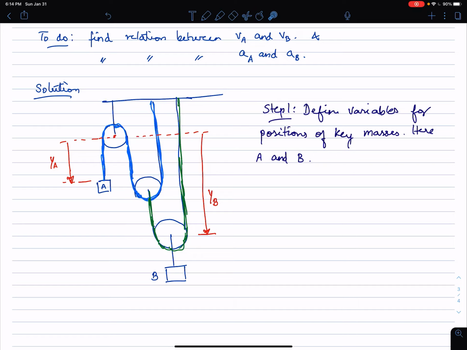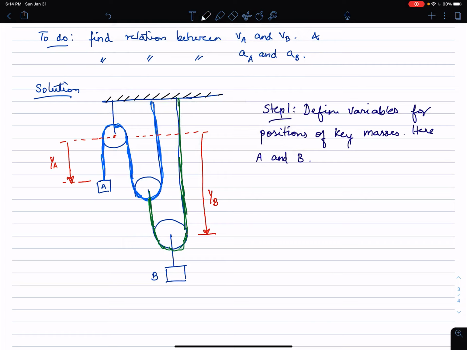So when we differentiate, these things will drop out. That's why we define the position of A and the position of B not from the ceiling but from this point. But if you define it from the ceiling, totally fine as well. Things will work out eventually. Okay, so that's the ceiling.